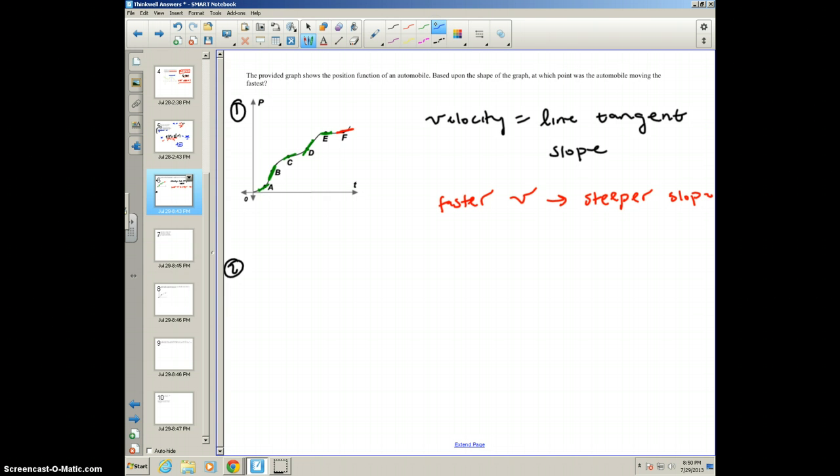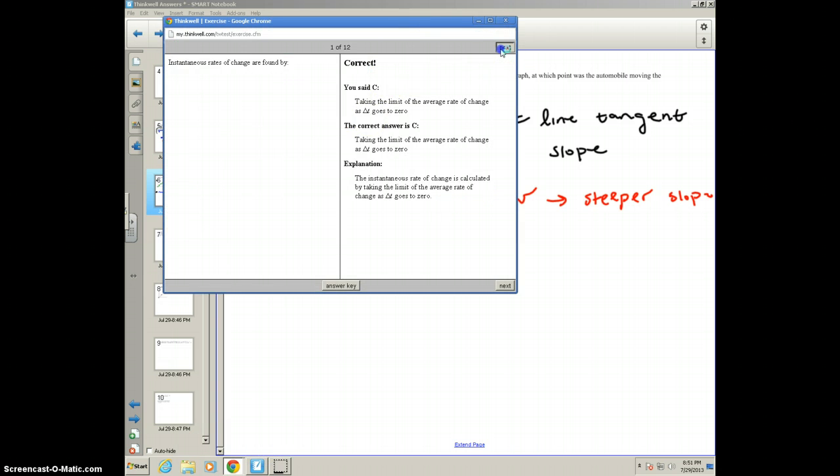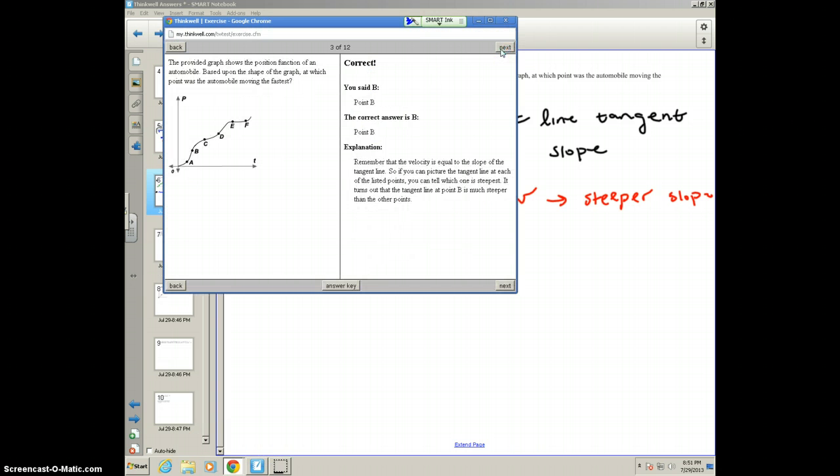So out of all these options, we can see that B has the steepest slope. So the answer is point B. And we can verify that by going to our question, and we see that point B has the fastest velocity.